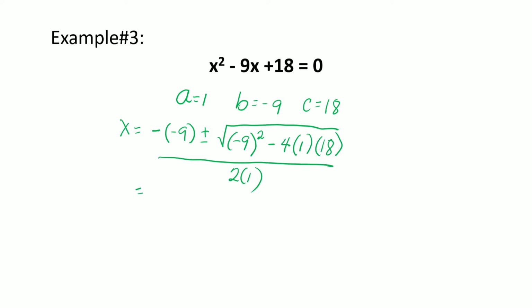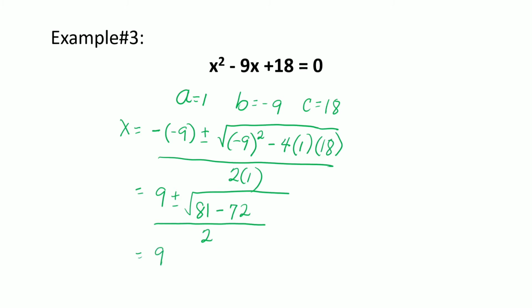Okay? So negative of negative 9 is positive 9 plus minus. When you square a negative number, negative 9 squared, that's positive 81. And then 4 times 1 times 18, that is 72, over 2 times 1, which is 2.